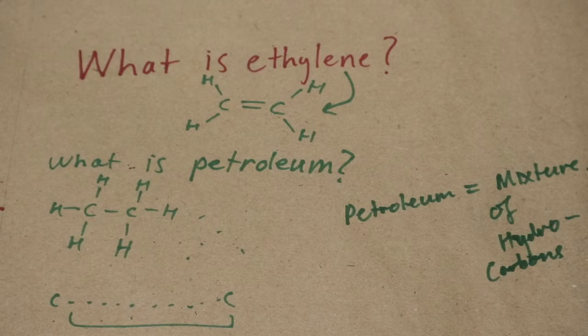So we want small ones. We achieve that via the process of catalytic cracking. We used our example of decane, and we obtained this molecule here, which is ethylene.